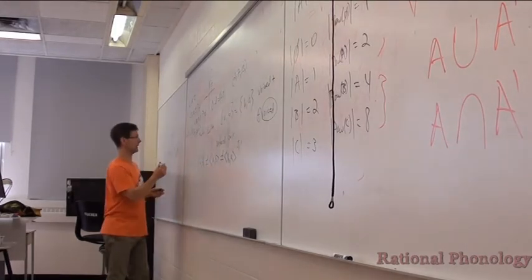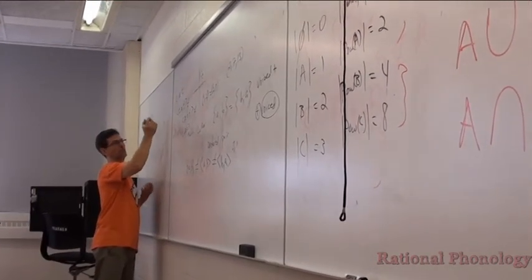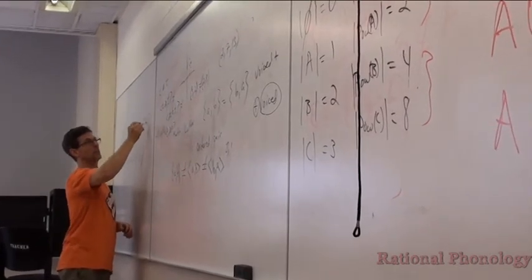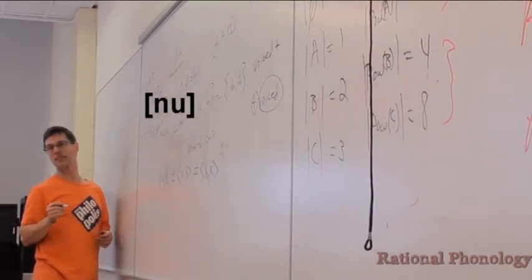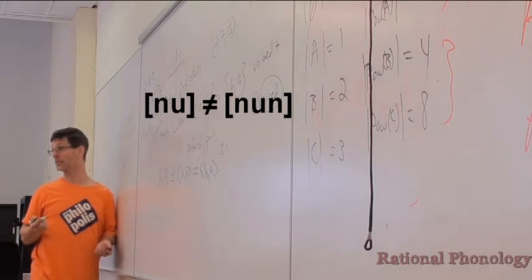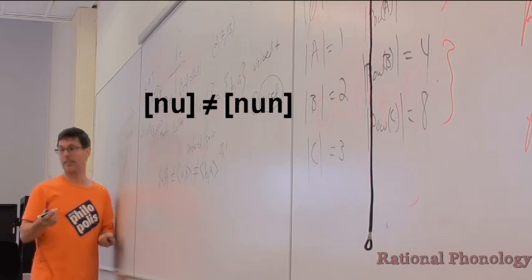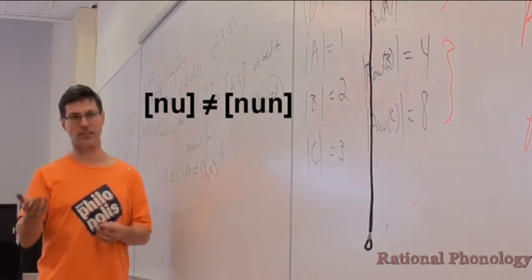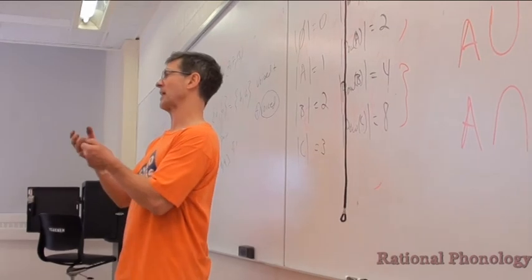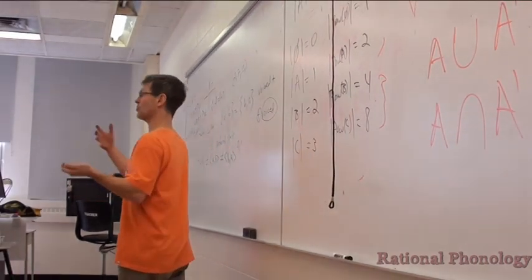And obviously repetition is possible, right? Because what word is this, or what morpheme is this? New, right? And that's different from noon, right? Noon versus new. They're different words. This has a repetition in it. So we'll have some use for these. So morphemes are not just sets of segments. They're ordered sets of segments, or tuples of segments, or strings of segments.